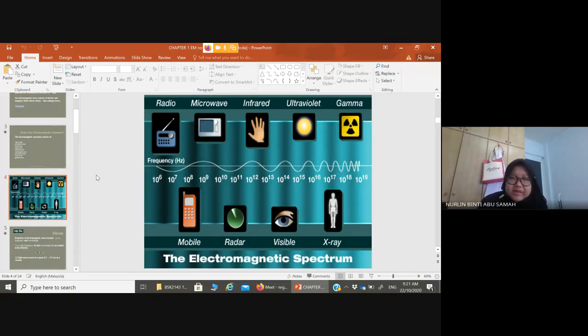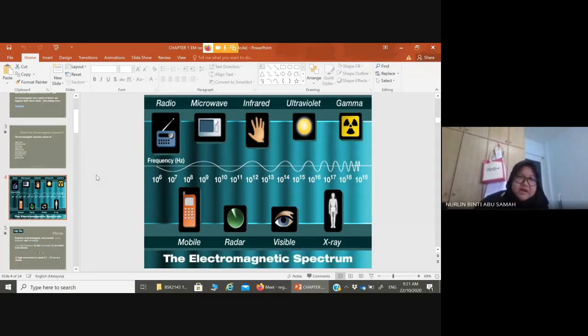I believe that most of you pernah lah tengok this kind of susun jalur, which begins with a very low frequency until a very high frequency. So this is what we call the electromagnetic spectrum.